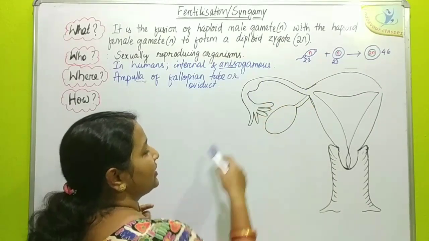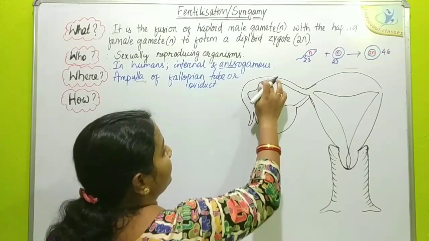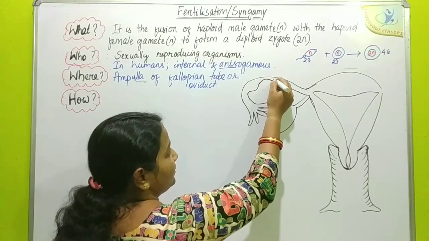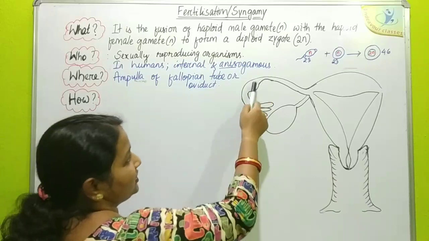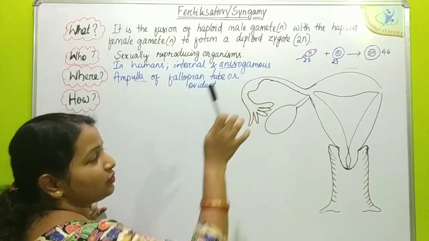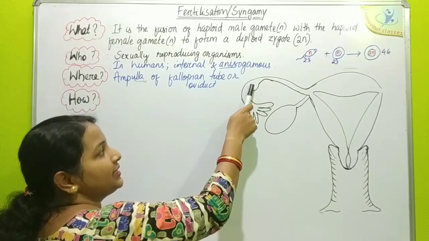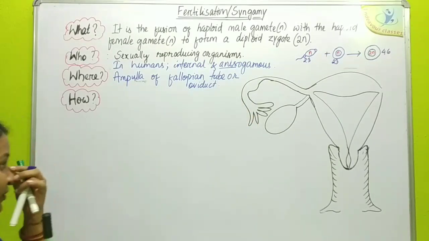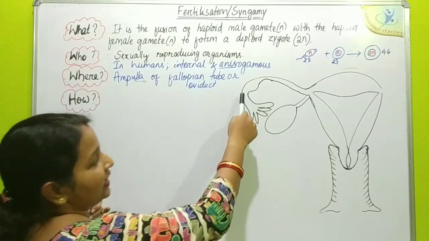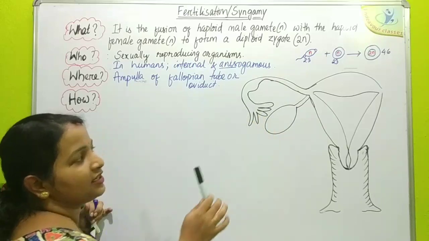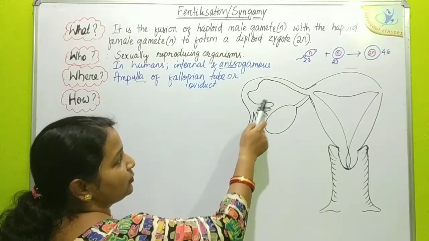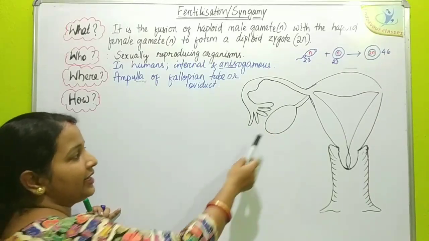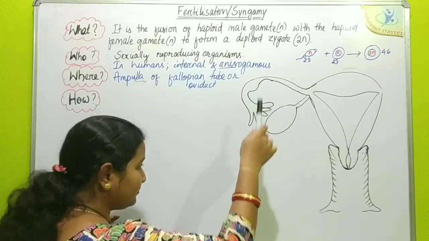Next, the narrowest part, isthmus. Next to it, the widest part, which is known as ampulla. So inside this ampulla part of the oviduct, fertilization occurs. After that, this funnel shaped area is the infundibulum, which ends by forming finger-like projections called fimbriae, and this is the ovary.